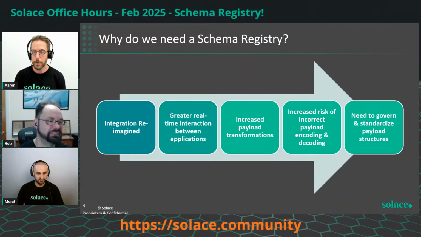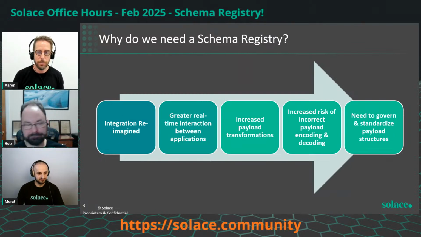Right. I assume before the concept of a Schema Registry existed, this would have been in some specification document, where this type of message is going to have this type of payload encoding, and maybe you build that into some API that could do the serializing and deserializing. But now this is more online, and you can query it from the app itself to say, what does it look like, right?